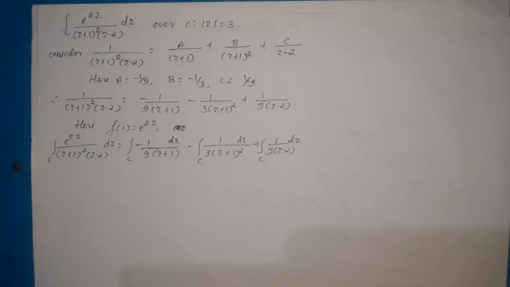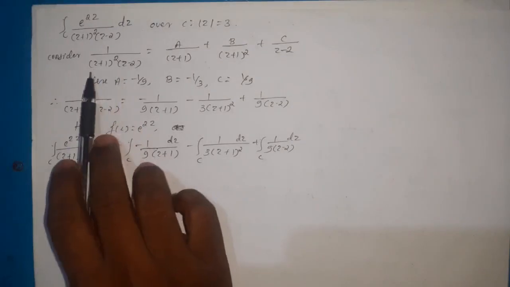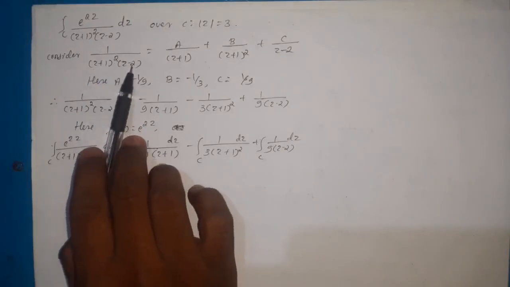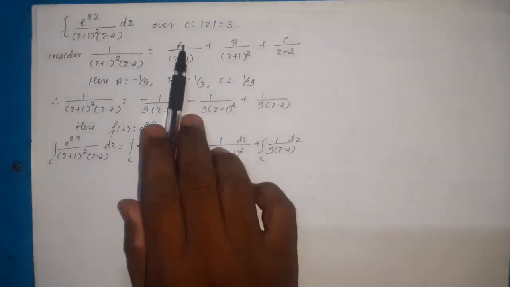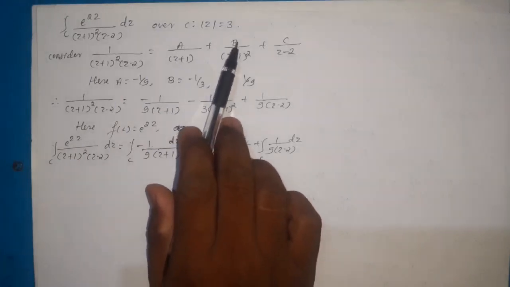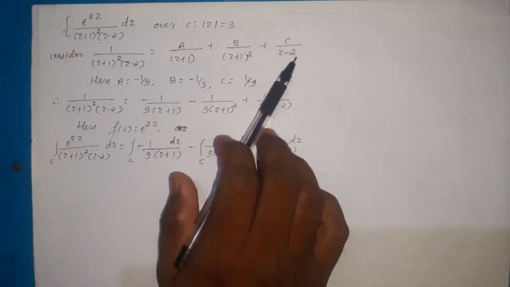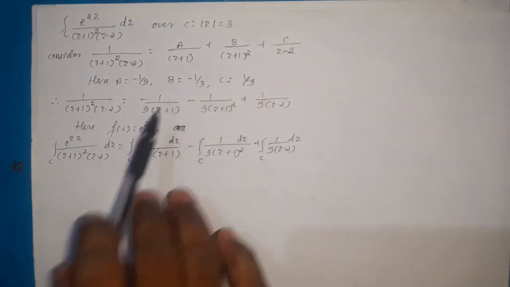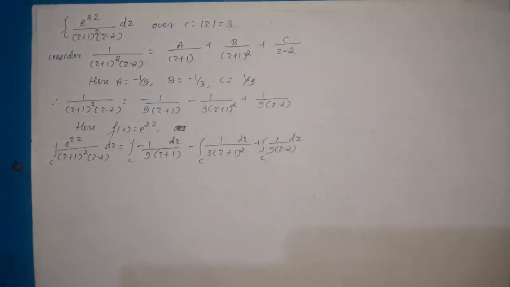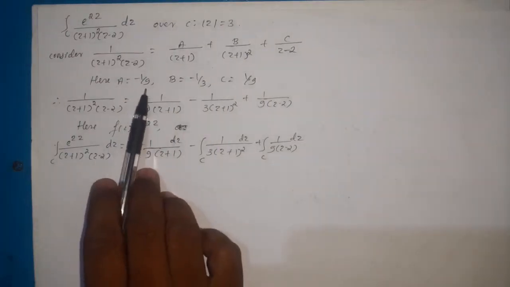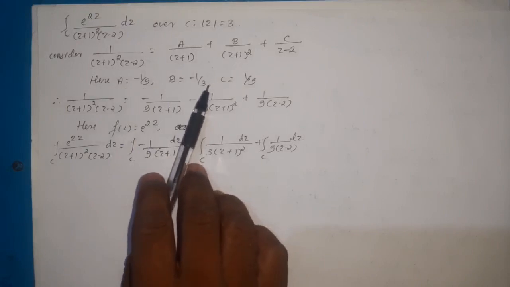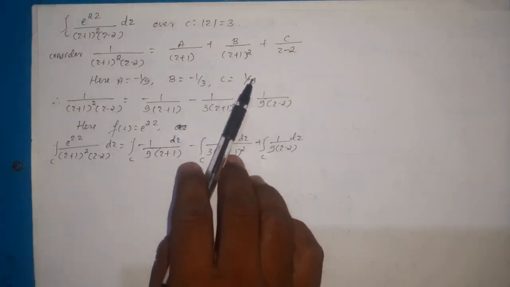By using partial fractions, 1 divided by (z plus 1) whole square into (z minus 2) can be written as a divided by (z plus 1) plus b divided by (z plus 1) whole square plus c divided by (z minus 2). After solving that partial fraction, we got a equal to minus 1 by 9, b equal to minus 1 by 3 and c equal to 1 by 9.